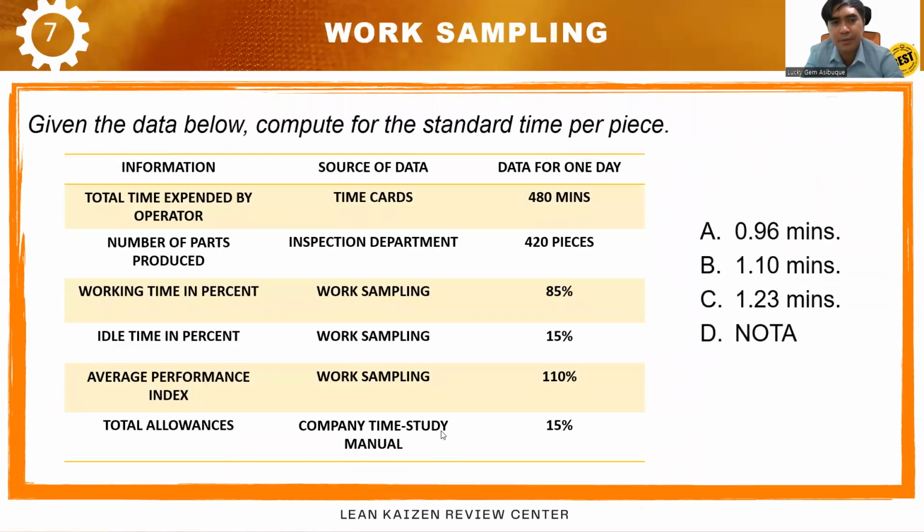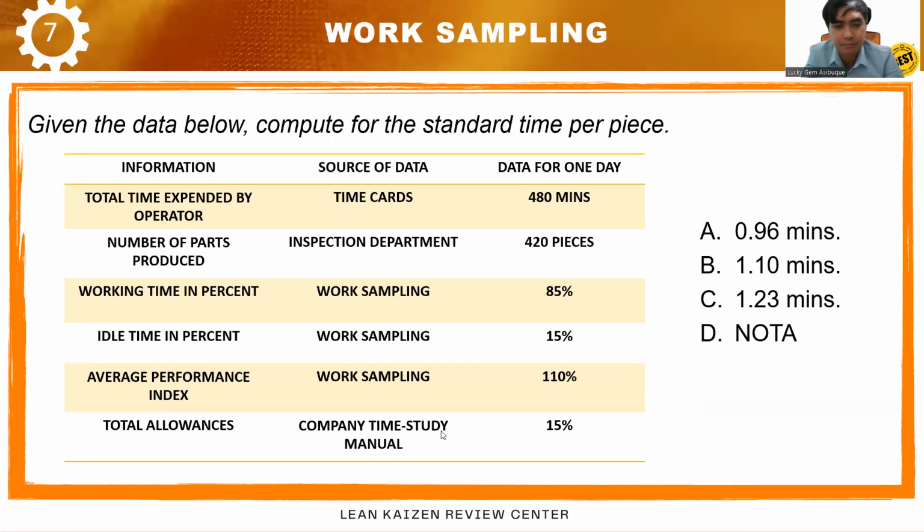Given the data below, compute for the standard time per piece. Okay, so we have the information here: the source of data, the second column, and the data for 1 day in the third column. So the total time expended by the operator, the number of parts produced, working time in percent, idle time in percent, average performance index. So we will use that for getting the standard time per piece here.